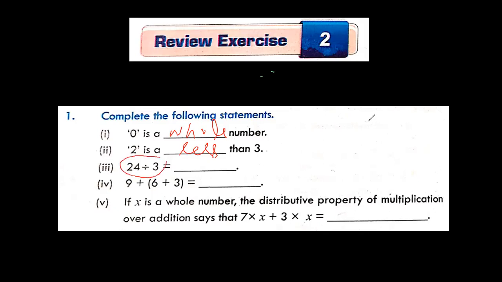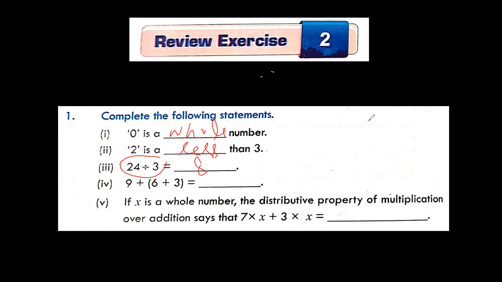24 divided by 3 will give you 8, because 3 eights are 24. And here, sir, we have to first put a bracket, then 9 plus 6, then close the bracket, then plus 3.